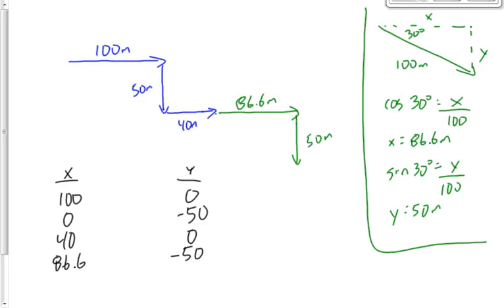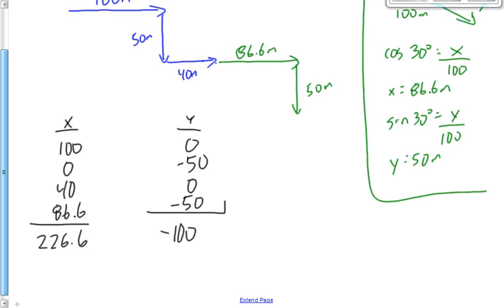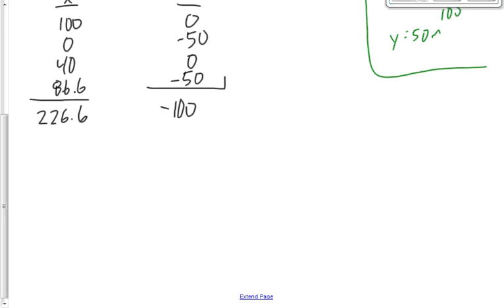This is just like the problems from yesterday now, right? And from Monday. 100 plus 40 plus 86.6 is 226.6. That's a negative 100. Oh, we know how to do this. We got 226.6. We have 100 down.